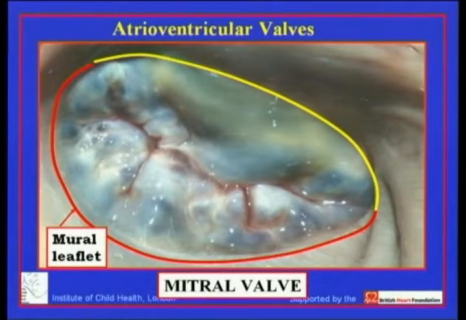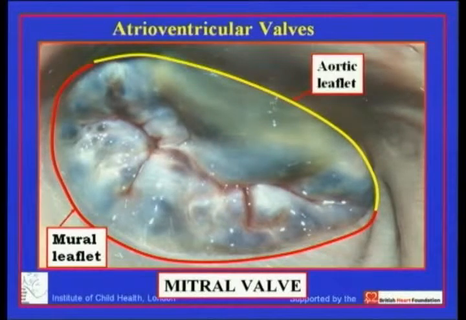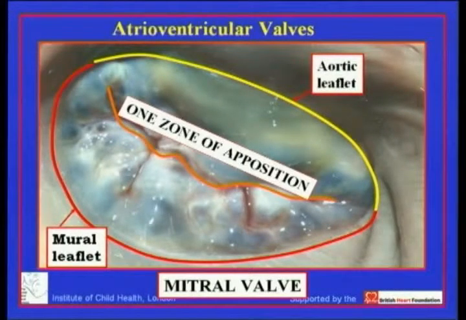There is then a second part of the annulus, and this is the part that is in continuity on the other side with the base of the aorta. So this is the aortic part of the annulus. And then if the valve closes appropriately and fits snugly together, then the key point in the mitral valve is that there is only one zone of apposition between its two leaflets.